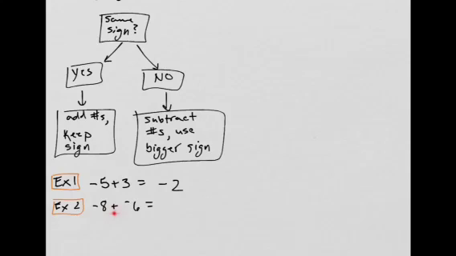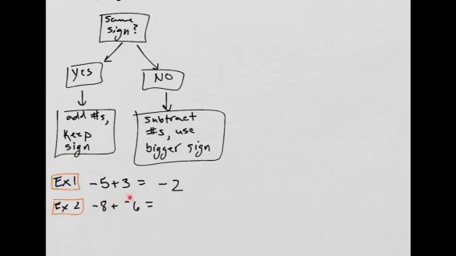Here we have this plus, but we also have this negative. If you're adding a negative number, it's still a negative number. Okay? So this 8 is positive or negative? Negative. And the 6 is negative. So are they the same sign? Yes. So add the numbers, keep the sign.